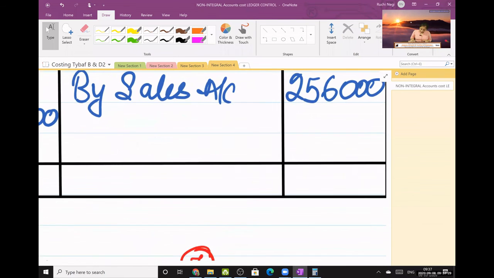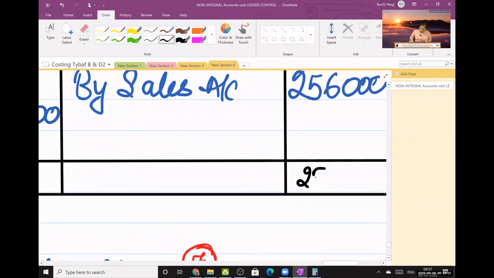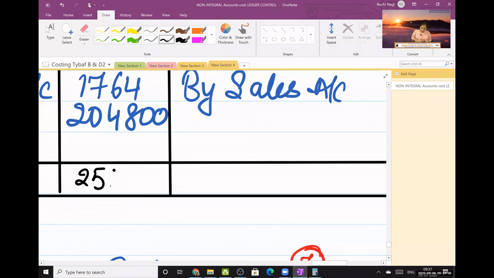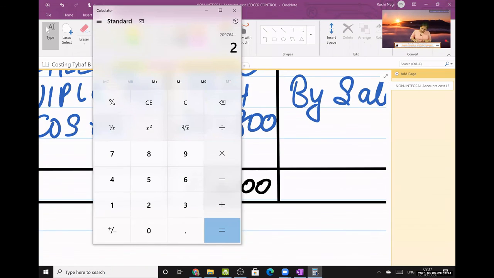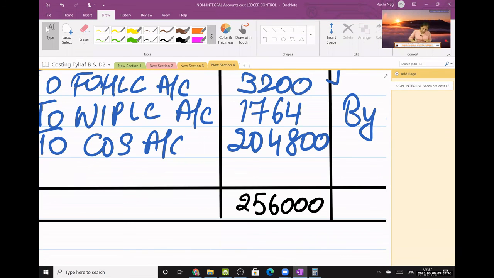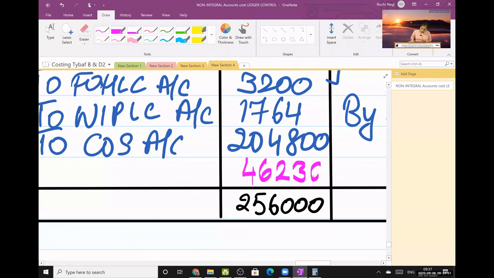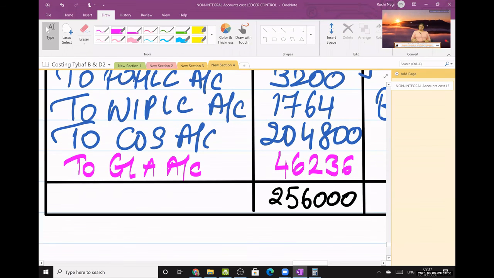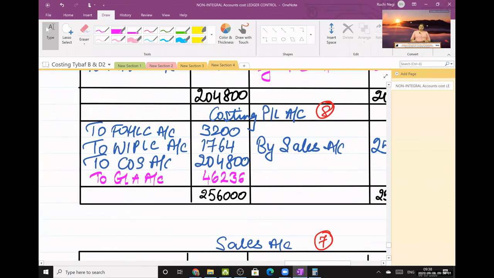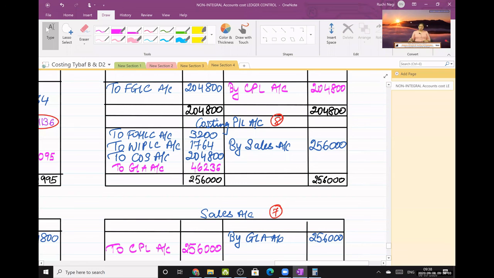So 2,56,000. 2,56,000. 46,236 is my profit. 46,236. This will go to GL. So this is my gross profit.